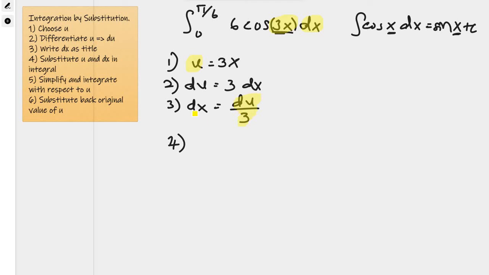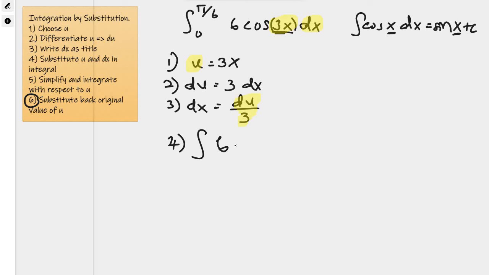Step number 4, I substitute u in this equation, and for dx, use this one. So you will get integrate. Leave the number first; we will write it later when you substitute at the 6th step. As of now, just leave it first.